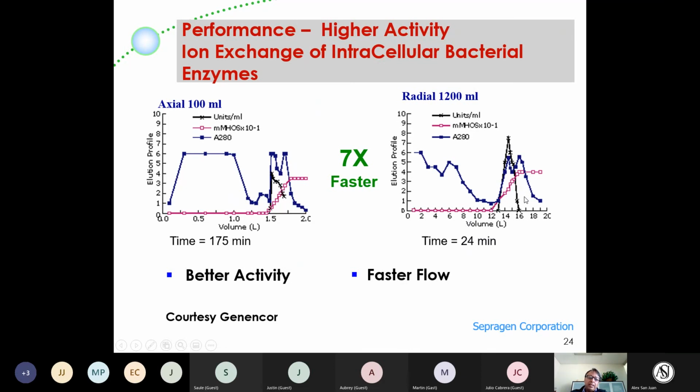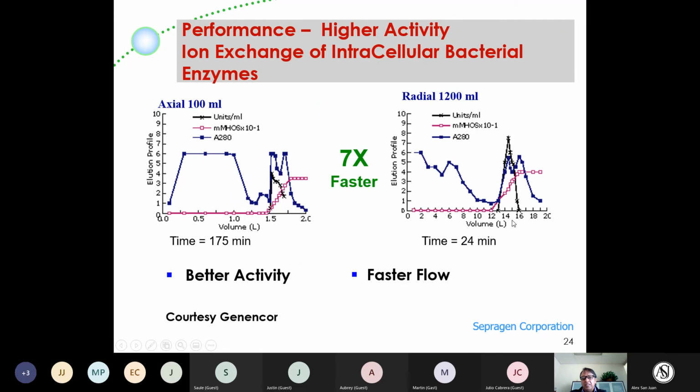When they investigated further, we understood that you could go faster. But what was very exciting was that they found their product was not very stable. Because the separation time was longer, they were losing activity, whereas using the radial flow column, that activity loss was minimized, and so they got higher activity.